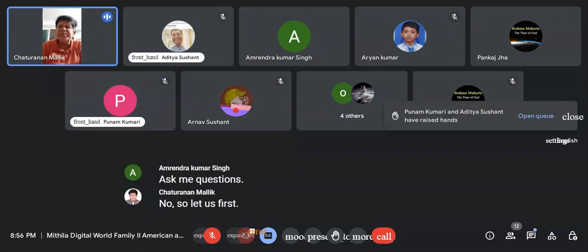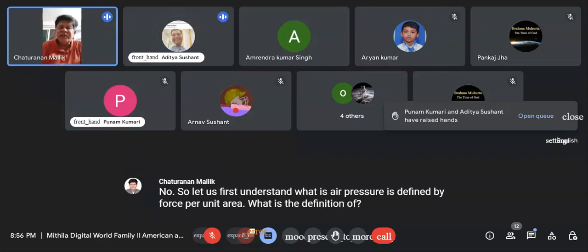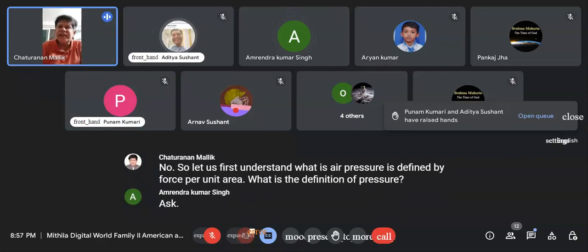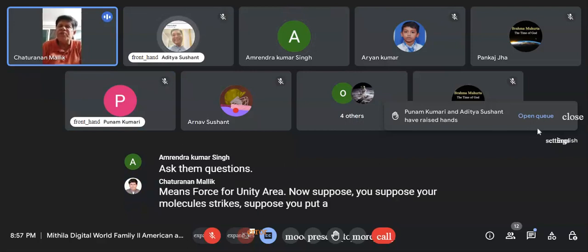No, so let us first understand what is air pressure. Pressure is defined by force per unit area. Now, suppose you put a piece of paper and a molecule strikes it.